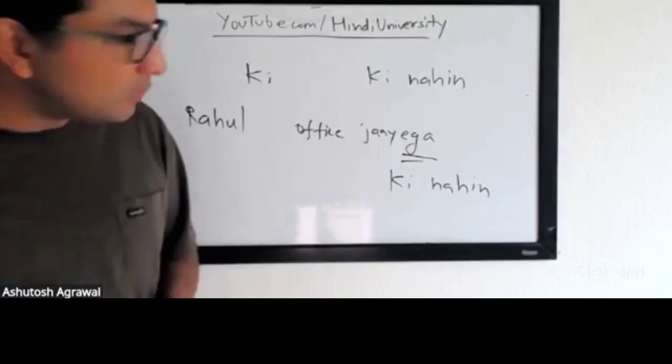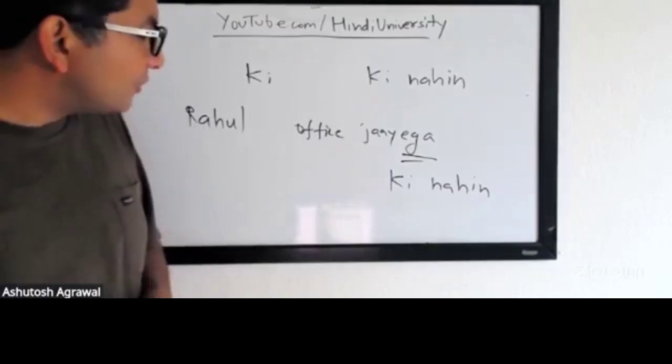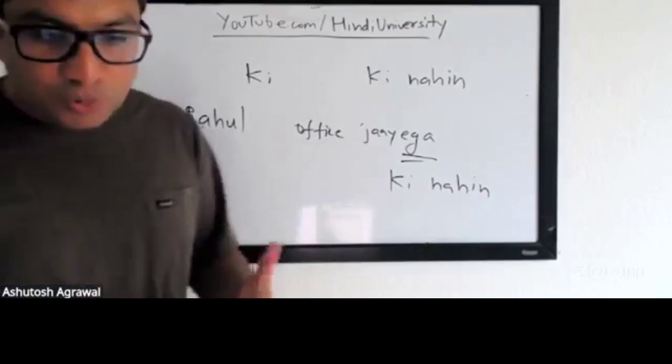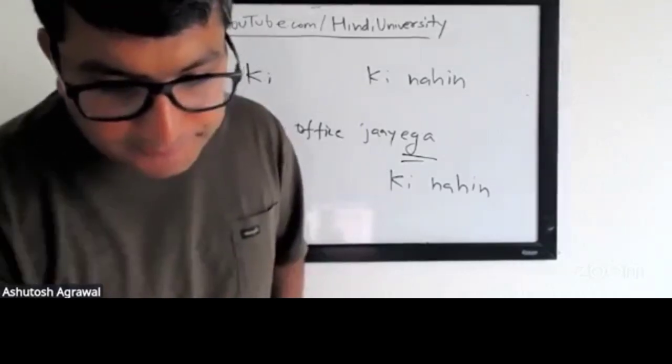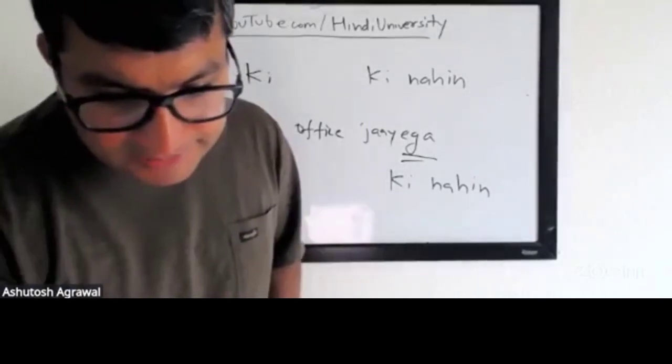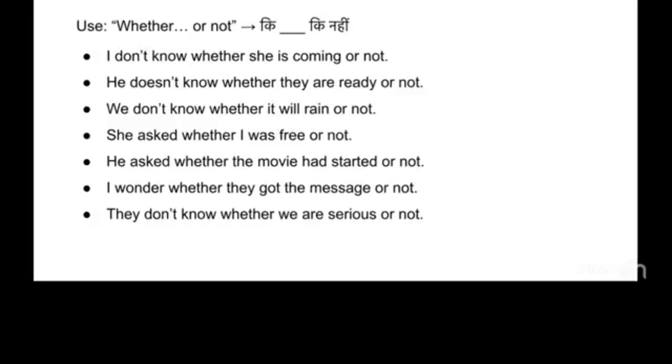Okay, I just wanted to do a quick whiteboard of that as well, so at least you conceptually understand it. I'm going to go back to it so you can see these examples and try to make sense of them, because these are longer. So look at this example. Don't worry about the translation yet. I don't know whether she is coming or not. So two sentences, I don't know and she is coming or not.